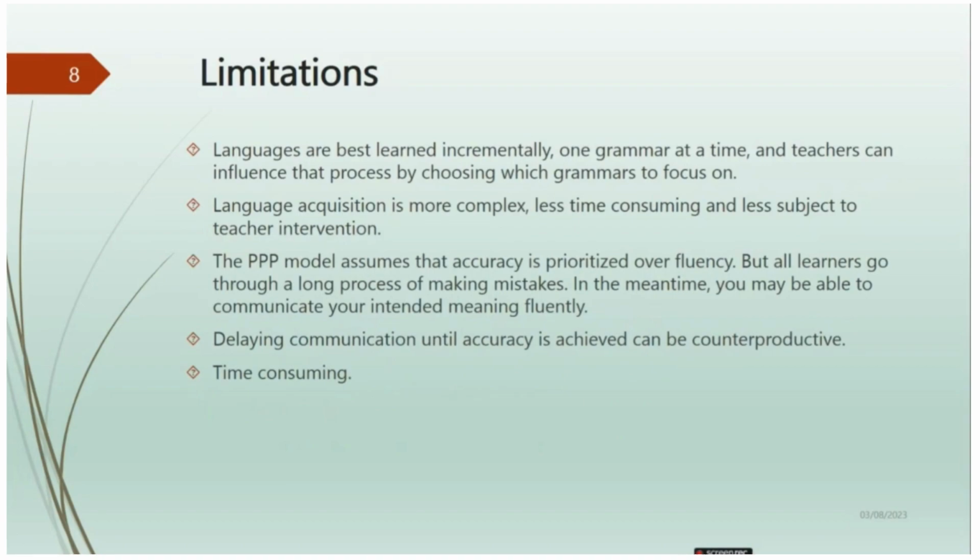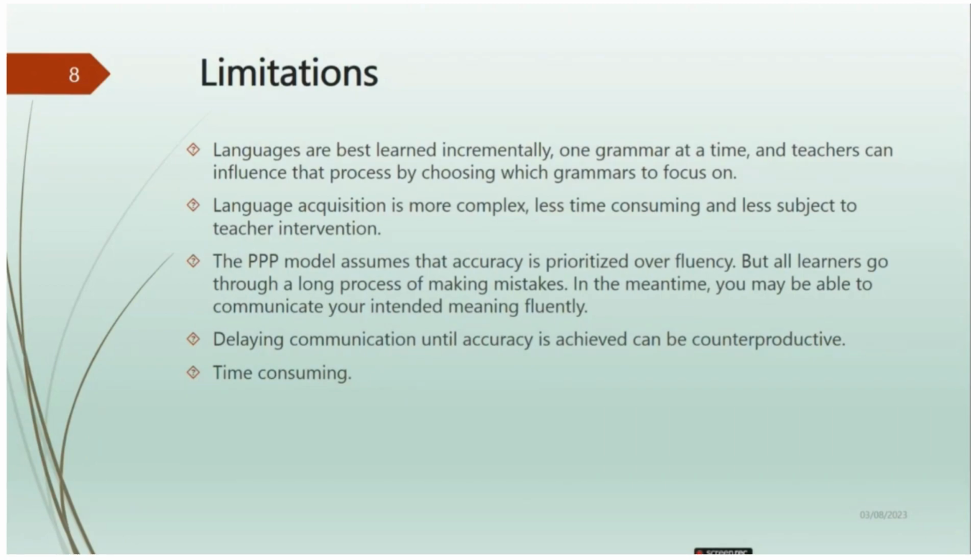And then some of the limitations of this PPP model are: language is learned incrementally, one grammar item at a time, and teachers influence the process by choosing which grammar to focus on. Language acquisition is more complex, less linear, and less subject to teacher intervention.